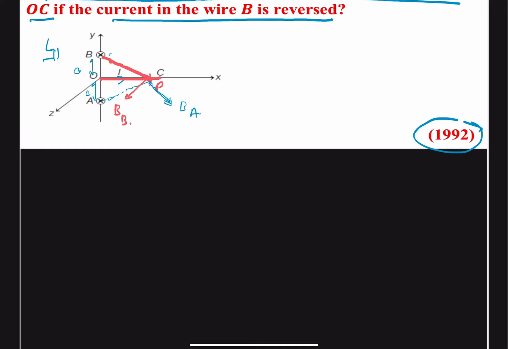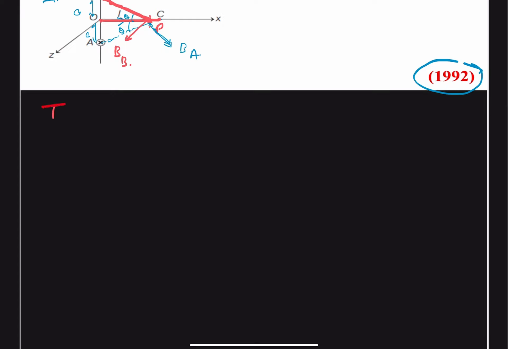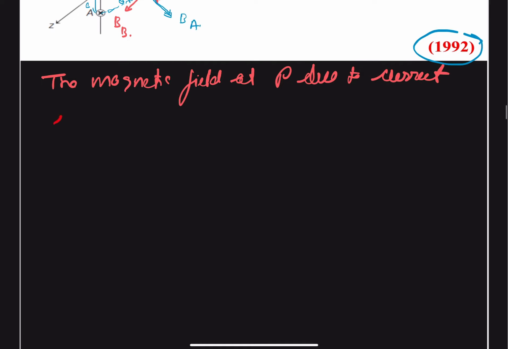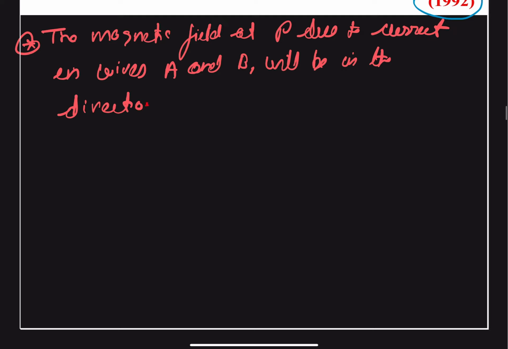And the angle with which we call this angle is theta. Our other one will be also theta because they are symmetrical about y-axis. So we can say that the magnetic field at P due to current in the wires A and B will be in the direction perpendicular to AP and BP.